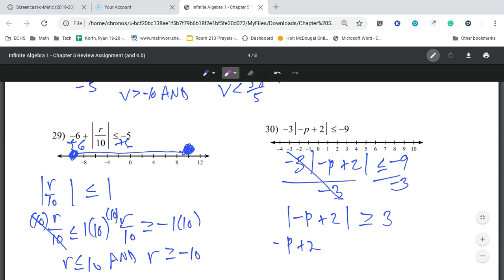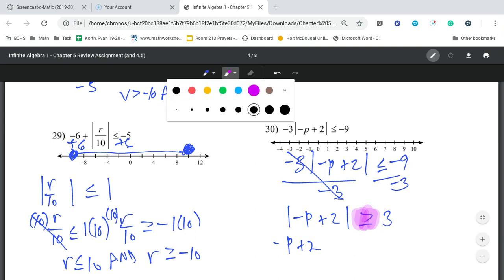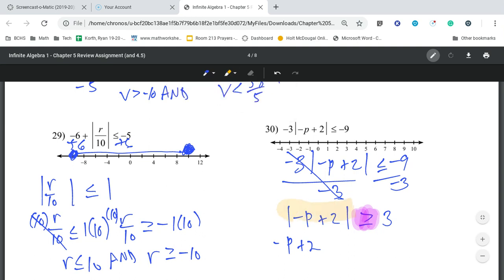This inequality here, this one right here, that's the one we're using to decide "and" or "or". So this is an "or", because it's greater than or equal to, and we cannot decide "and" or "or" until absolute value is by itself.